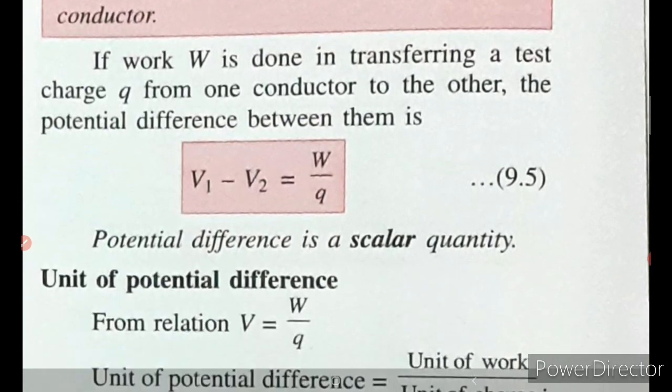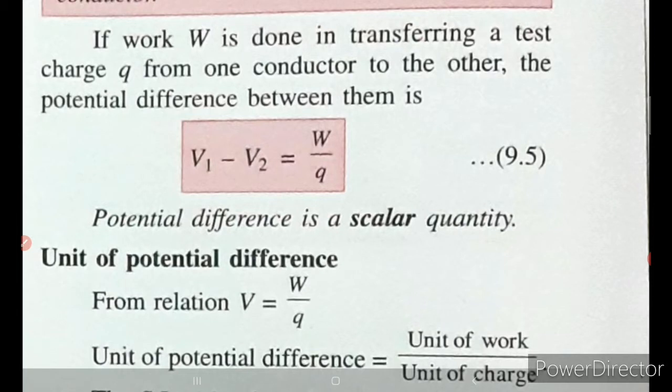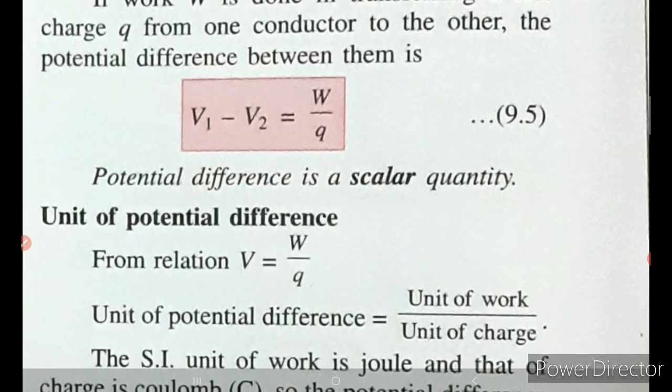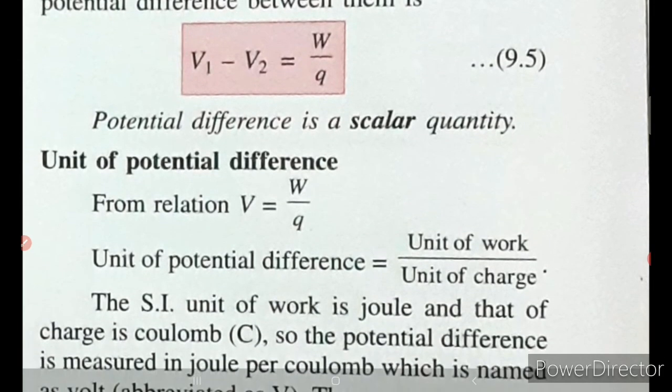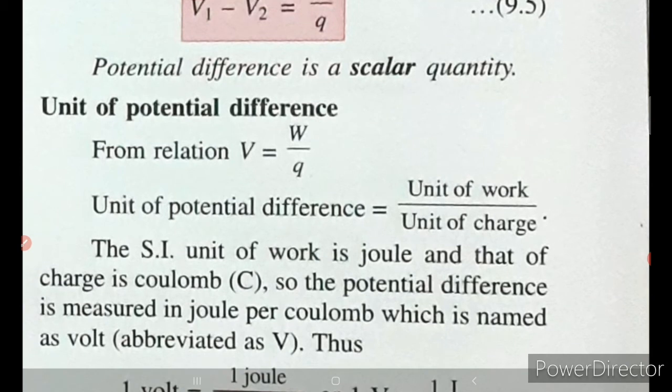Unit of potential difference from the relation V equals W upon Q, where V is the potential difference, W is the work done, Q is the test charge which is being moved. Then the unit of the potential difference will be unit of work upon unit of charge, which is joule per coulomb, and can also be expressed as volt, abbreviated as V as before.